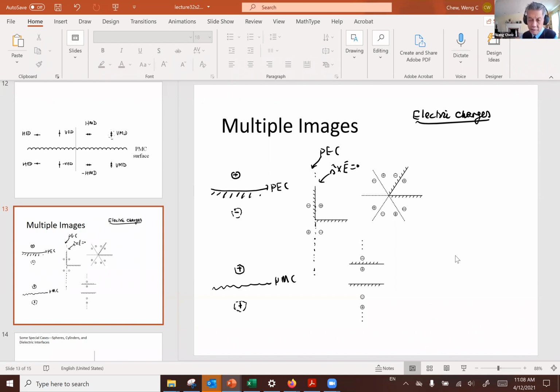But by symmetry, I can also see that this problem of putting the 4 charges in this manner also satisfies the image theorem for this surface over there.